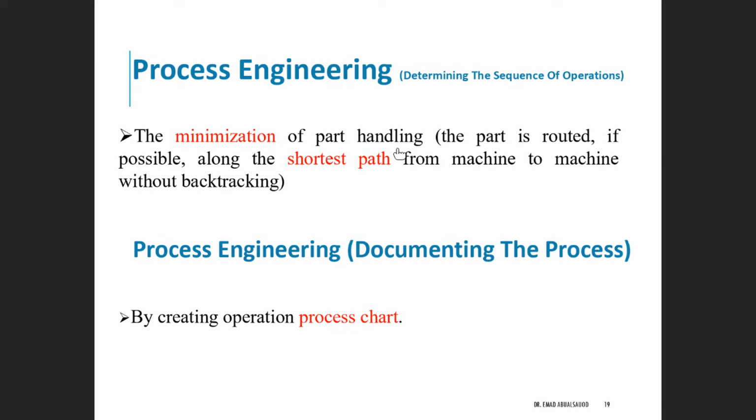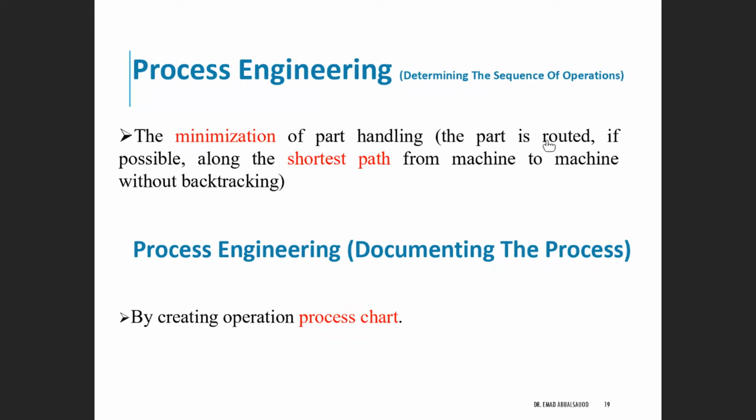Again, this is related to the lean concept, or lean management, the lean approach, which reduces waste in time and cost, and all this is discussed in the quality improvement methods course under the Lean Six Sigma, where you can also learn about the lean and what this means. But here, what we try to do is minimizing part handling.